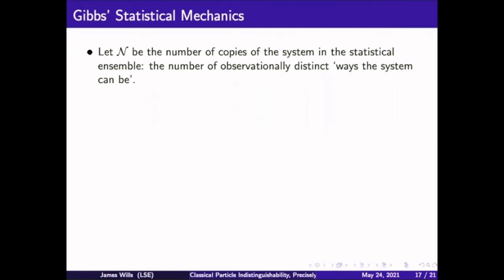I'm arguing that the sample space is constrained by observables. Curly N is the number of systems in the sample space. It's the number of systems in my statistical ensemble. And if that is the case, then on my interpretation, these are all and only the observationally distinct ways the system can be.